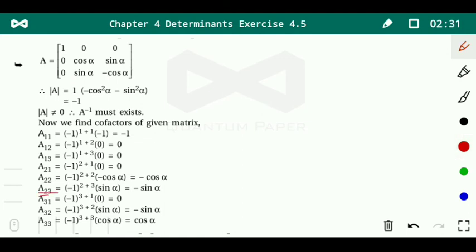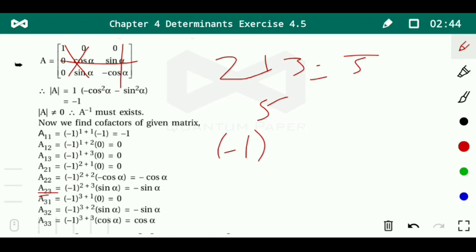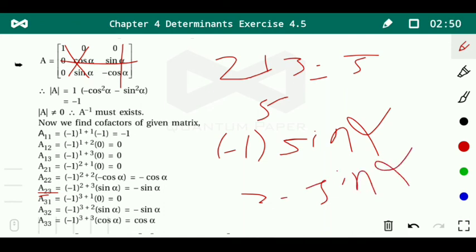So we remove second row, third column. So the answer is sin alpha into 0 minus 1 raised to 5, because for A23, 2 plus 3 is 5. So our answer is minus sin alpha. Is it clear?